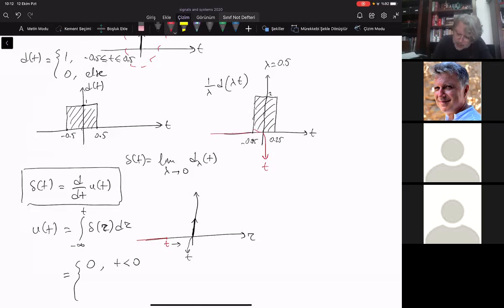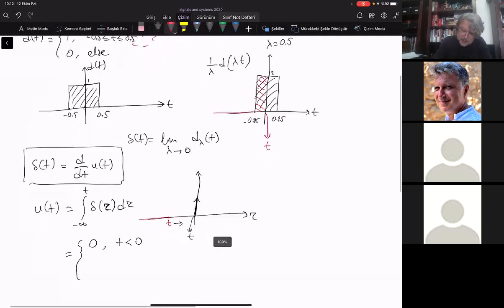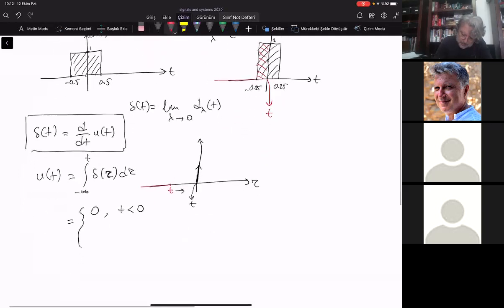And at this point, the integral will give me the area under half of the rectangle. And no matter how narrow that rectangle is, half of it will give you an area of 0.5. So it is 0.5 when t is equal to 0.